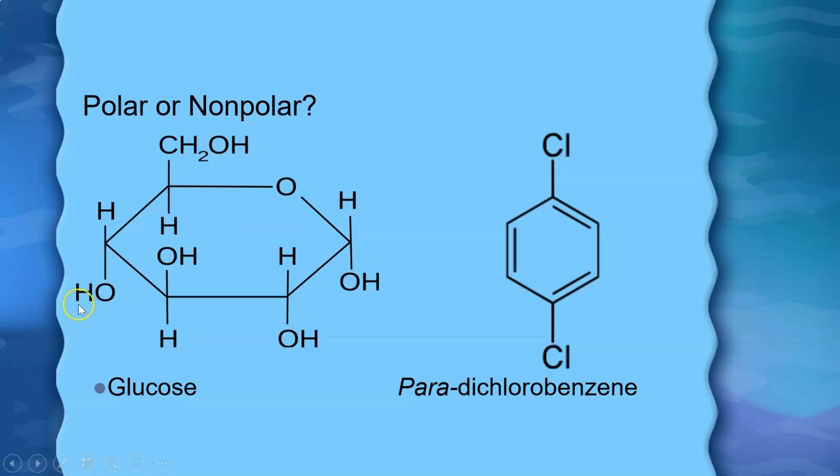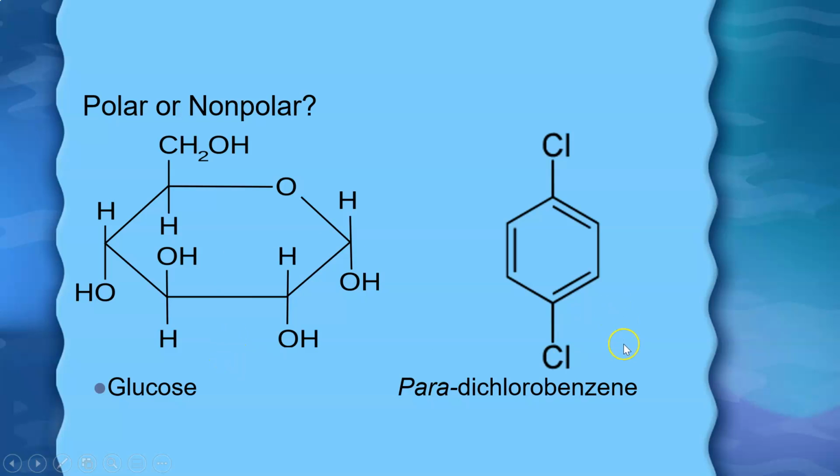There's lots of OHs here that could mesh into that network of interactions of hydrogen bonds in water. So it explains a lot why glucose is soluble in water. Now, there absolutely is hydrogen bonding in ethanol as well, because that molecule does have an OH on the end. And so perhaps that's why it could dissolve somewhat in ethanol, but not as well as in water.